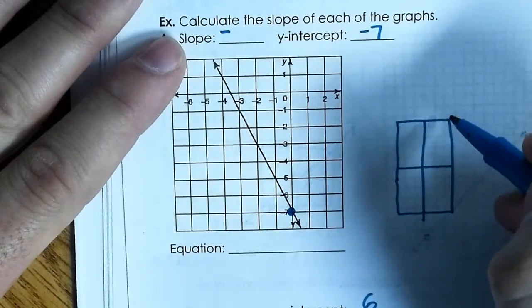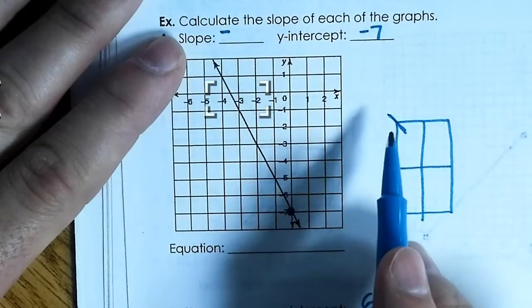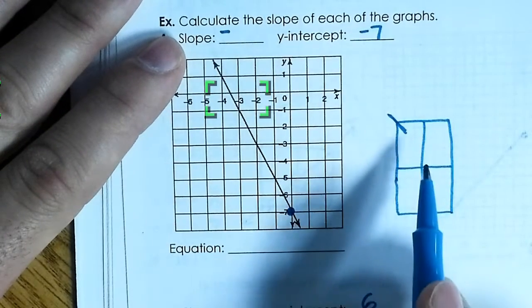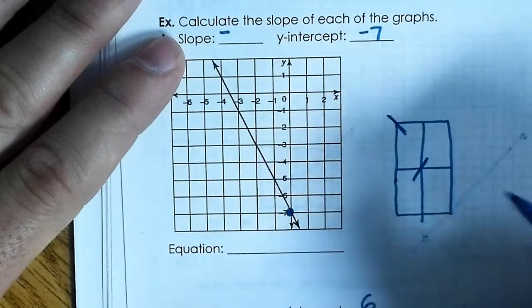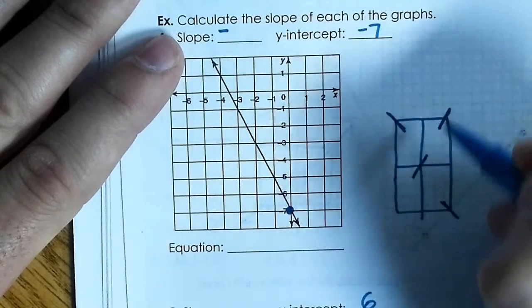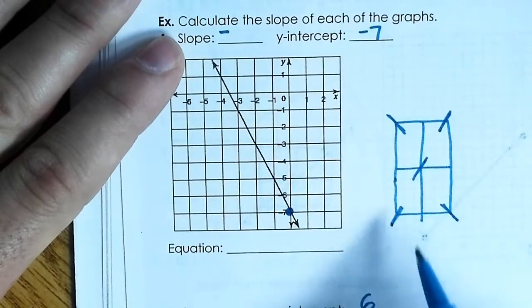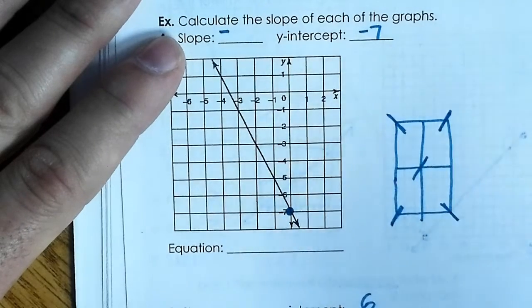Those corner pieces are like if it crosses through that corner, or that corner right there, or that corner, or that corner. That's the idea. We're looking for those corner pieces. If we can find them, that really helps us out in finding the slope.